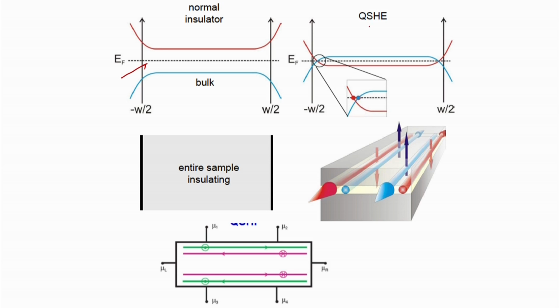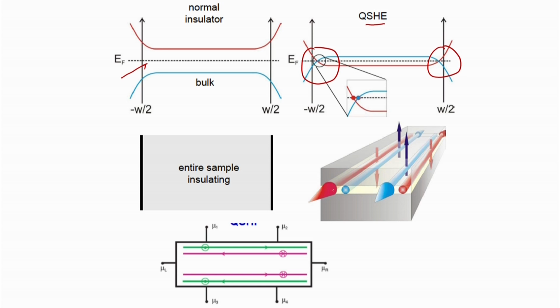Whereas, in the quantum spin Hall insulator, you see there are crossings only at the edges. The crossing is being shown nicely here, and of course one line is shown, but there are two lines corresponding to each spin. So, again schematically the entire sample would be insulating while the edges would be conducting, as we have seen, and a similar picture is being shown here.